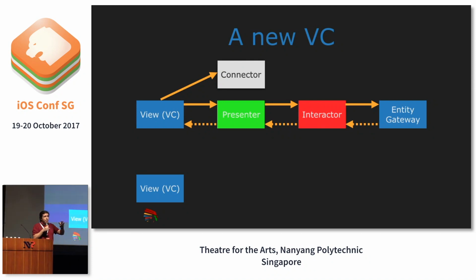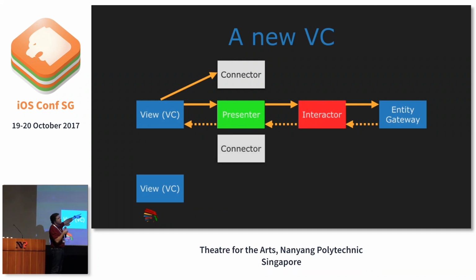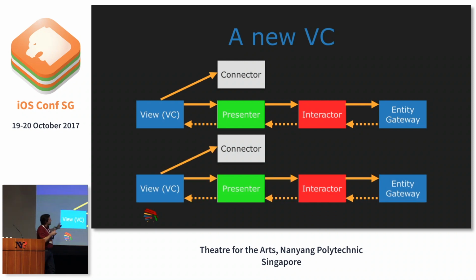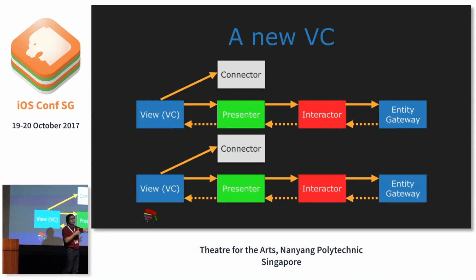But remember what I told you before. Each connector only knows about its stuff. So this one doesn't know how to configure properly this other one. Instead, what it does is it knows how to create a new connector, and this one is going to be responsible for creating all the pieces and connecting them.